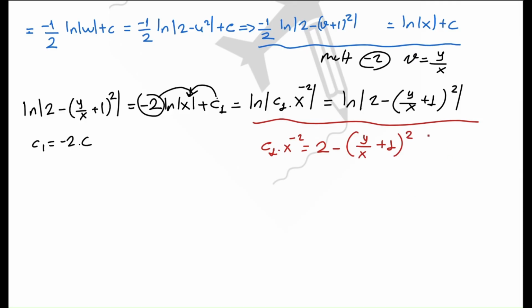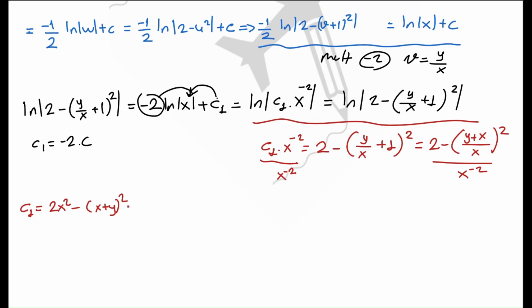And let's write that as 2 minus (y plus x) squared over x squared. Okay, yeah. Now let's divide both sides by x to the minus 2. After that we get c1 is equal to 2x squared minus (x plus y) squared, right?